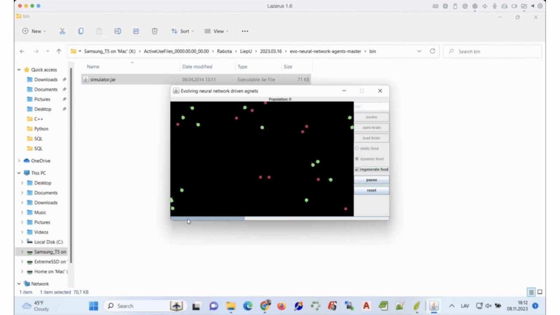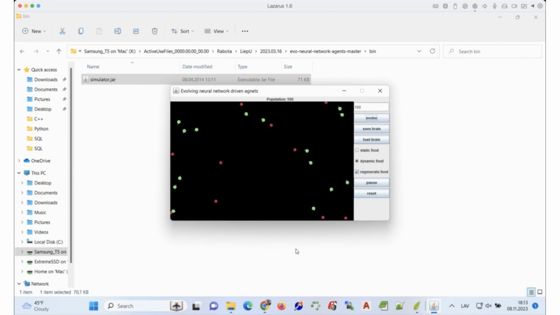Okay, here on the bottom I have the progress bar. Let's wait until it is finished, and once it's finished, the whole evolution of 100 generations will be done. So you see, they start catching the food items, and some of them are just standing in place.